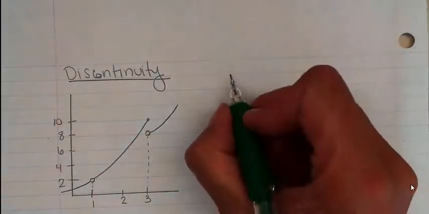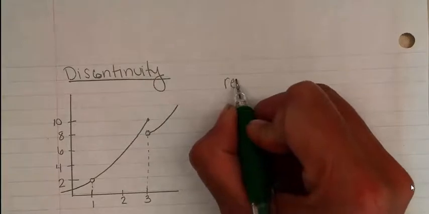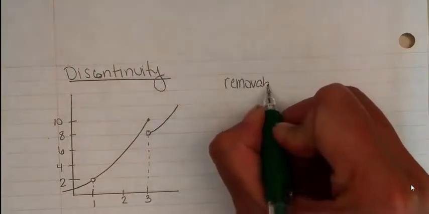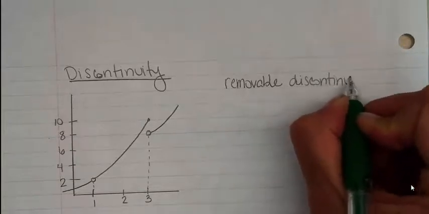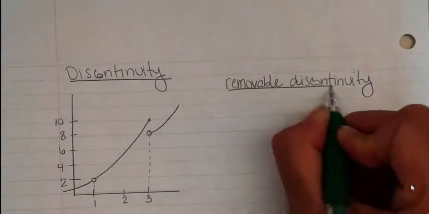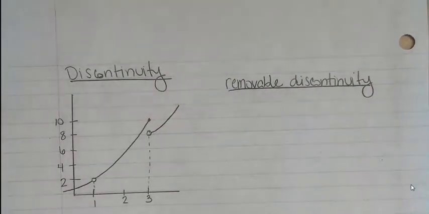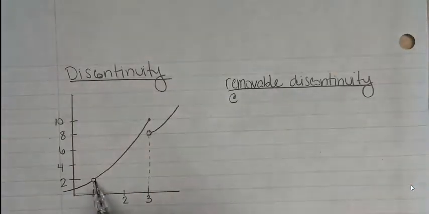Alright, so one type of discontinuity is removable discontinuity. This is what happens whenever you end up having a hole in your function. Okay, so there's removable discontinuity then. I have a hole right here. So if you remember, sometimes when we're trying to factor and simplify an equation, right?